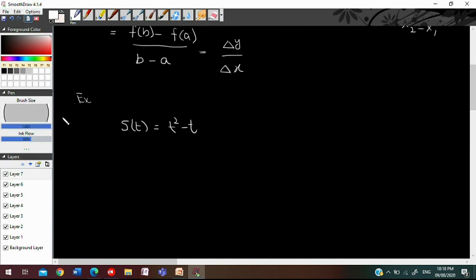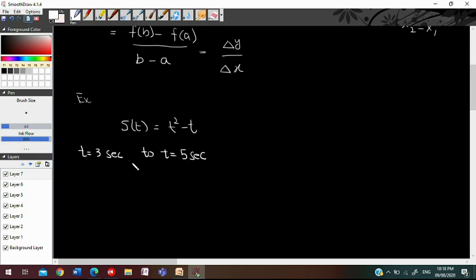Now, if you have an interval, let's say t is equal to 3 seconds to t is equal to 5 seconds.